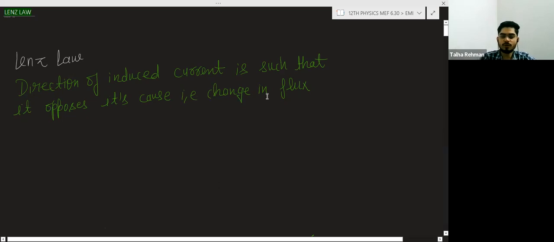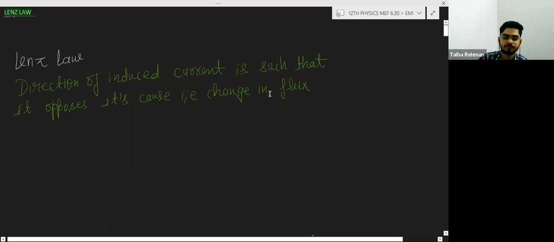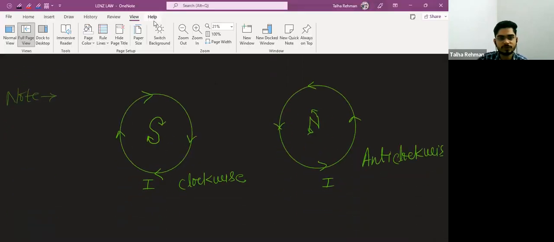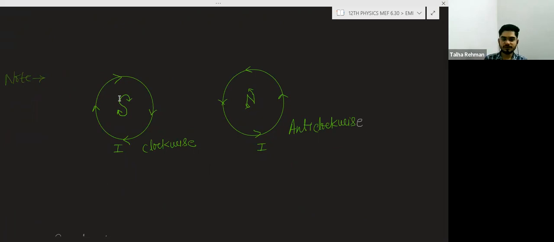It means in the coil the current will be induced in such a way that it always opposes the change in flux with respect to the coil. The first thing you should know for the Lenz law, we have discussed in the last chapter: a current carrying coil behaves as a magnet.